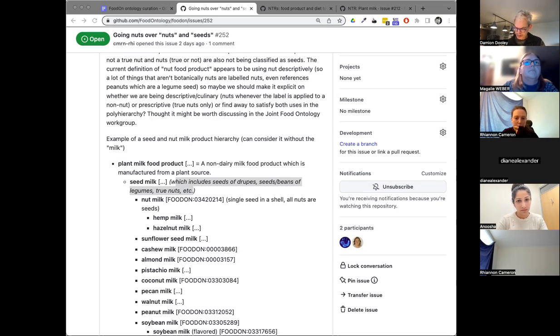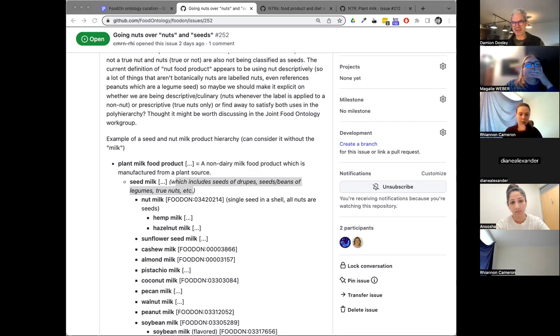So the non-true nuts are still seeds, right? Yes. Right. Okay. Being in the ontology business, we can't sacrifice inheritance where inheritance is correct.